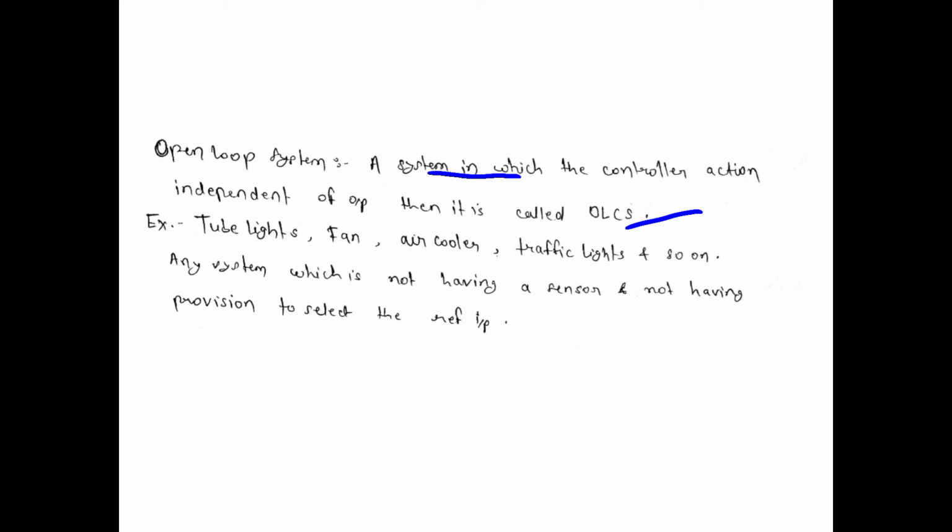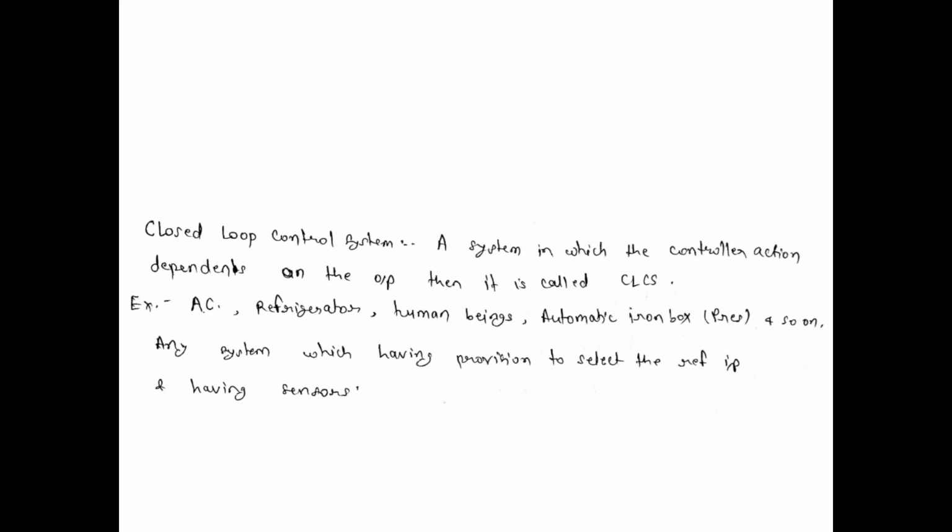Any system which does not have a sensor and does not have a provision to select a reference input is an open loop system. A closed loop system is a system in which the controller action depends on the output. Examples are AC, refrigerator, human beings, automatic iron box, and so on.